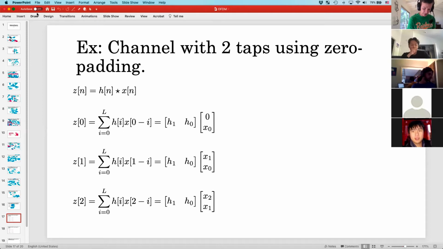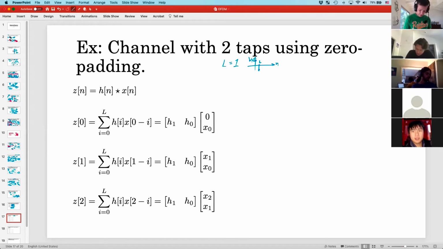The demo is just going to be a simple two-tap channel. So this is L equals 1, right? Because we're saying that the channel has H of 0, H of 1, and then we're calling this L. So this is the channel impulse response.